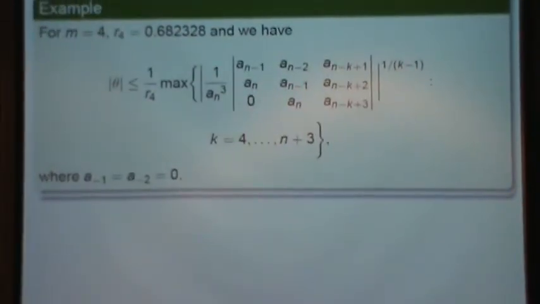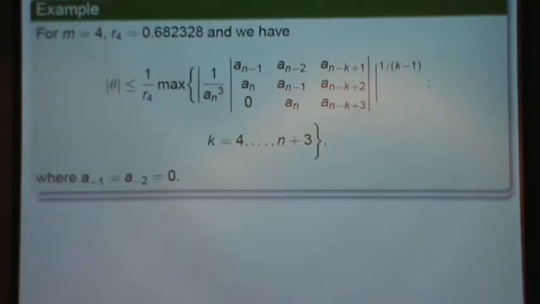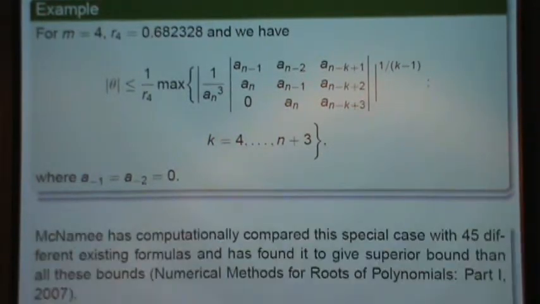And for m equal to 4, we need 3 by 3 matrices. In fact, McNamee, who has a book on polynomial root finding, has done a computational analysis of even this bound only, with more than 45 different bounds in the literature, and he found this to be more effective than those. If you go to m equal to 5, you should even get a better bound.